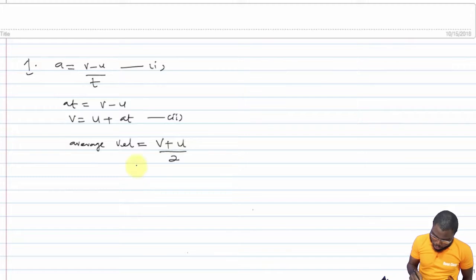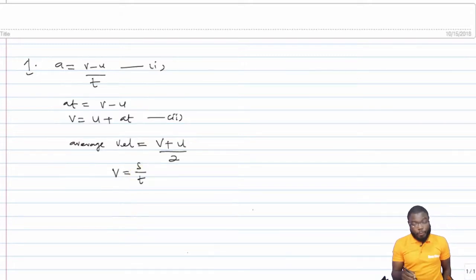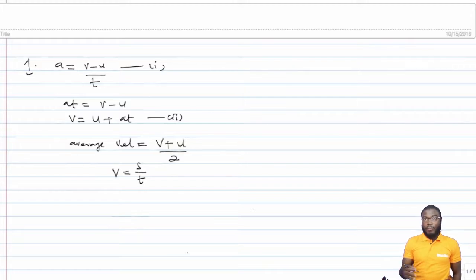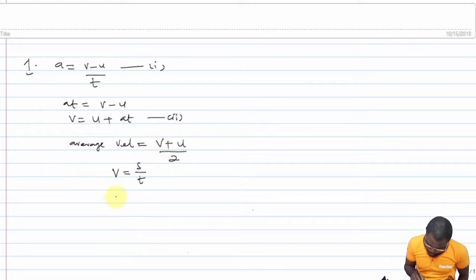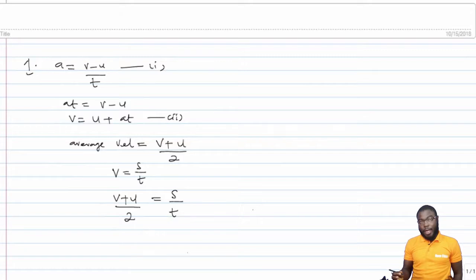Okay, so you know that velocity is equal to distance over time. Now for a uniform acceleration where you have two velocities in question, we are going to use V here as the average velocity. So my average velocity will be equal to V plus U over 2, which will be equal to S over T. No confusion yet.